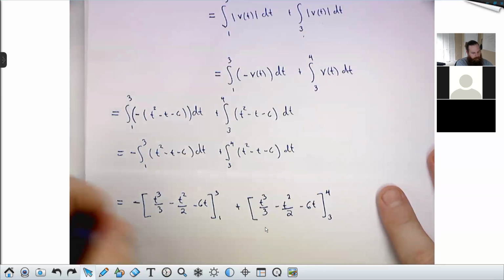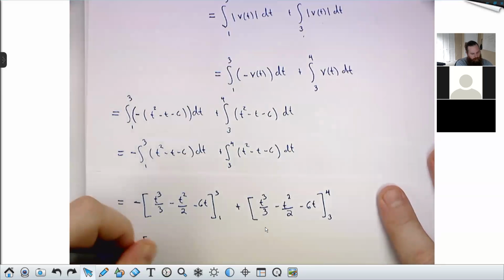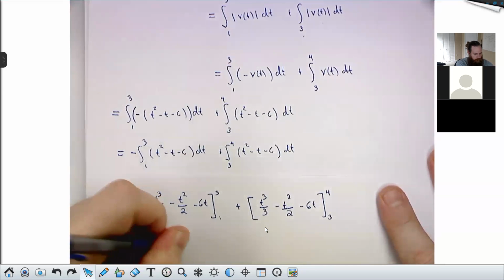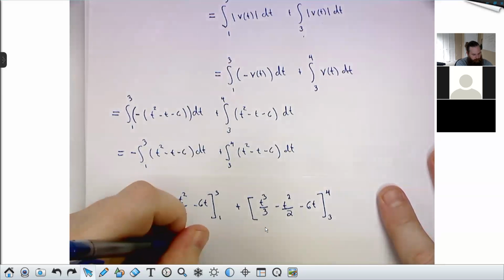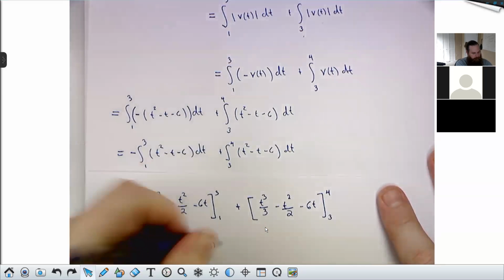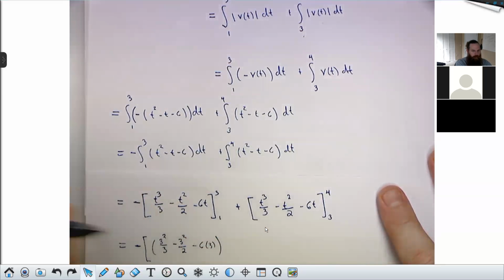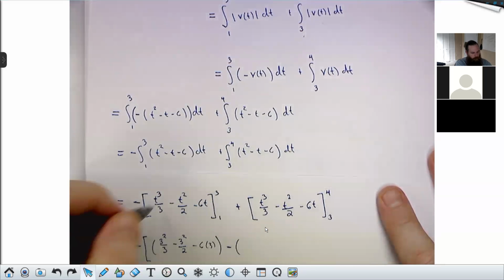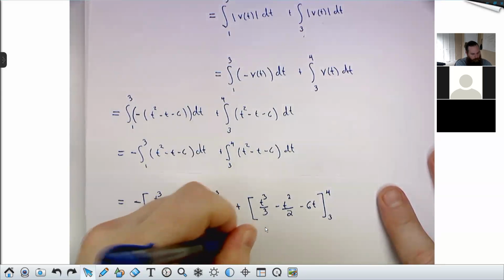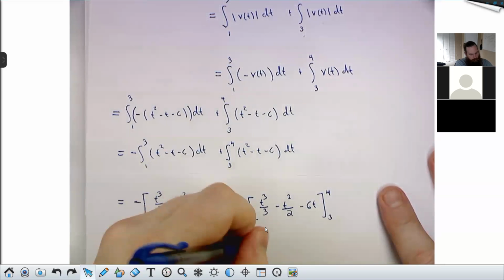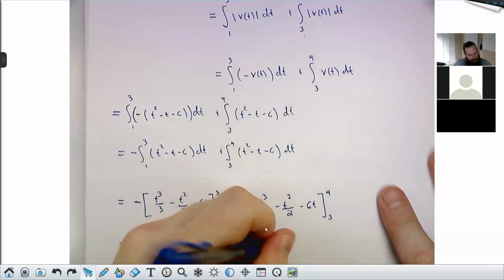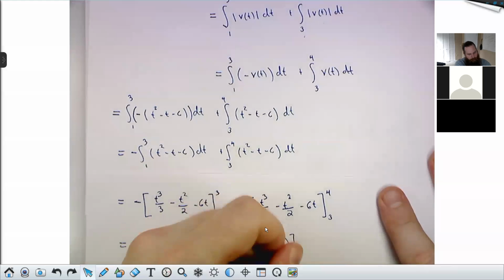So we can go plugging things in. This first guy, I have negative 3 cubed over 3 minus 3 squared over 2 minus 6 times 3. That's the upper bound for the first guy. And then I need to subtract the lower bound for the first guy, which is 1. That's 1 cubed over 3 minus 1 squared over 2 minus 6 times 1.